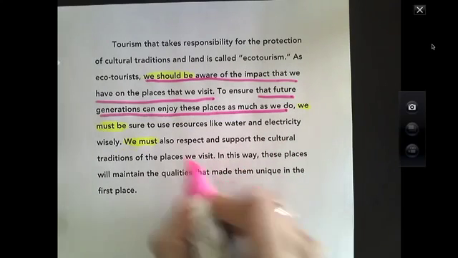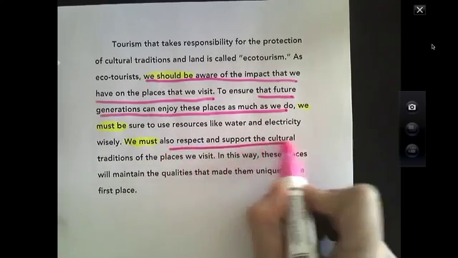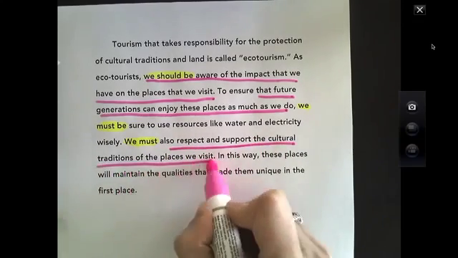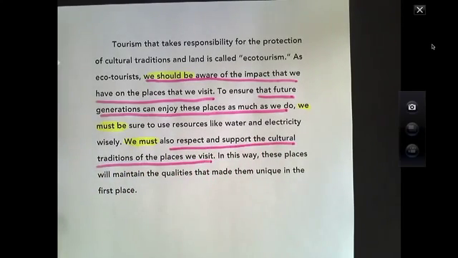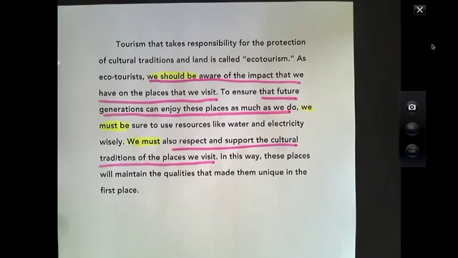And we also have, we must respect and support the cultural traditions of a place that we visit. When we take these phrases into consideration, we can see that the author thinks ecotourism is a good idea and feels positively about ecotourism. So, I'd say that the author's attitude toward this topic of ecotourism is that he or she is appreciative toward the topic.